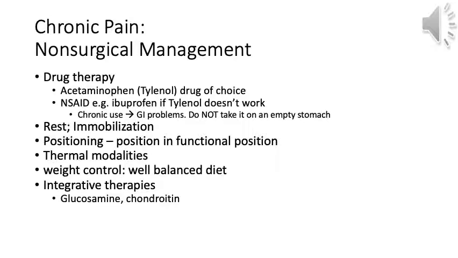If acetaminophen or topical agents do not relieve pain, the analgesic drug class of choice is NSAIDs, non-steroidal anti-inflammatory drugs. Before beginning any oral NSAID therapy, obtain baseline laboratory information, including a complete blood count, kidney, and liver function tests.